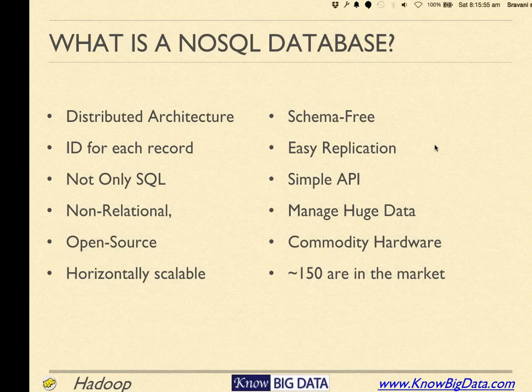Some of these NoSQL databases do provide SQL kind of API, but most of them come with a very simple get and put kind of API. Okay, and they manage huge data and run on commodity hardware.